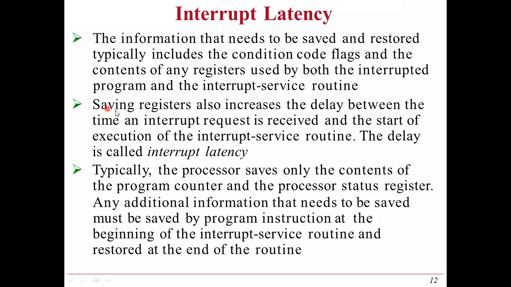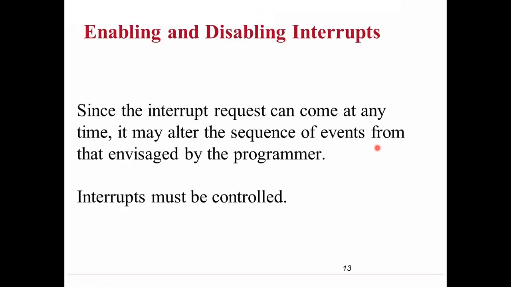Saving registers also increases the delay between the time an interrupt request is received and the start of execution of the interrupt service routine. This delay is called interrupt latency. Totally, we know what the interrupt is here.